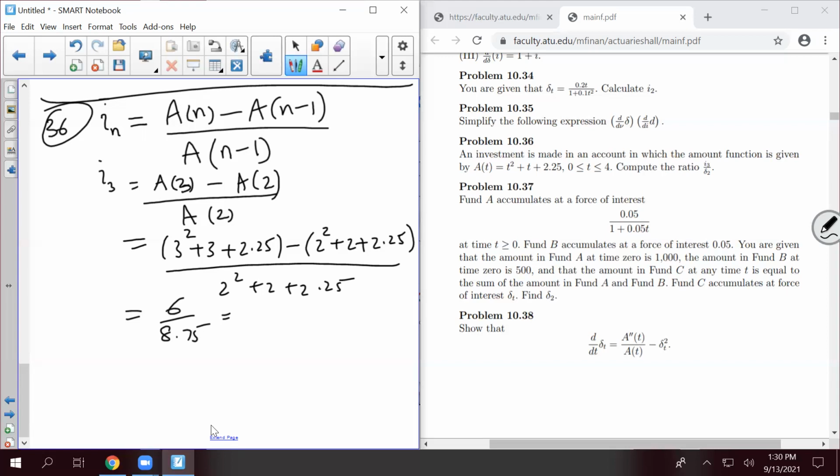It cancels by 3, so 3 over 8.25. It is 0.7272, repeating. Good. So that's I3. And now how do we get delta 2?